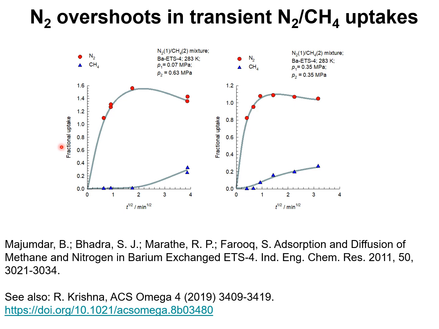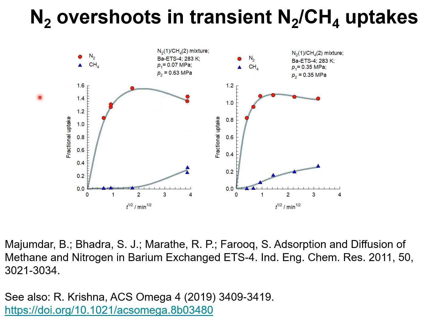For transient uptake of nitrogen methane mixtures in barium ETS4, the experimental data of Majumdar plotted here also show that the more mobile nitrogen experiences a transient overshoot in its component loading as it equilibrates within the pores.